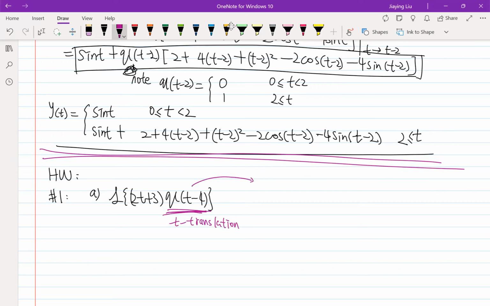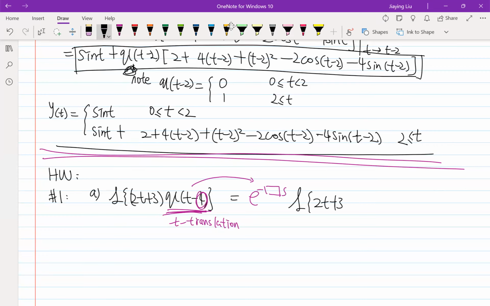And then this part will come out and become an exponential. So e to the negative a s. You kind of have to know what a is by looking at u(t minus 4). So this will tell you what a is. Right? And then what we do is we just take the Laplace transform of the remaining function, 2t plus 3.